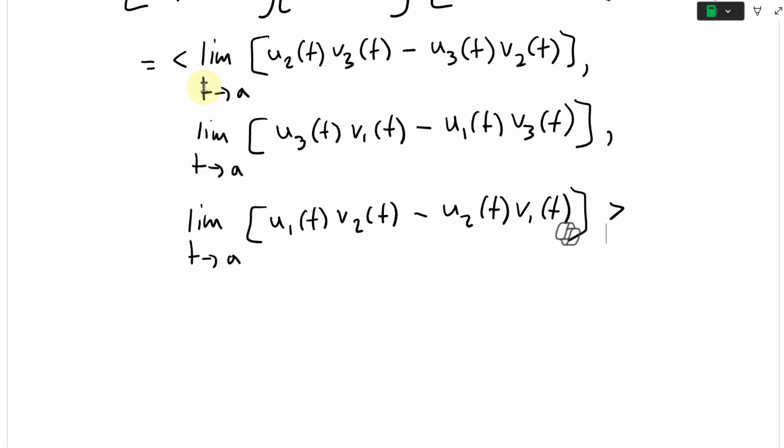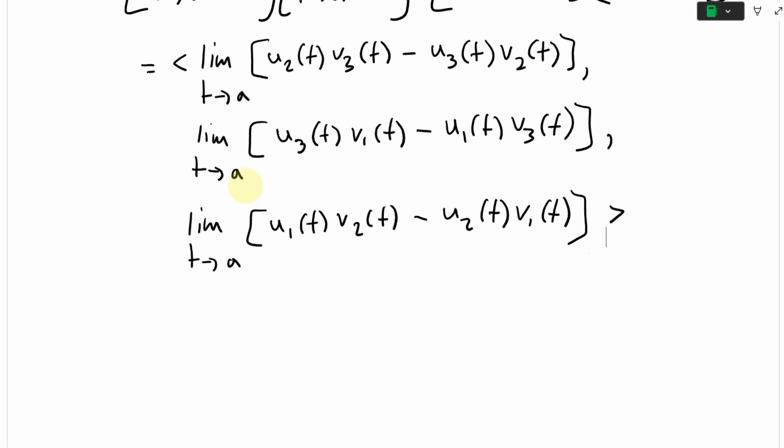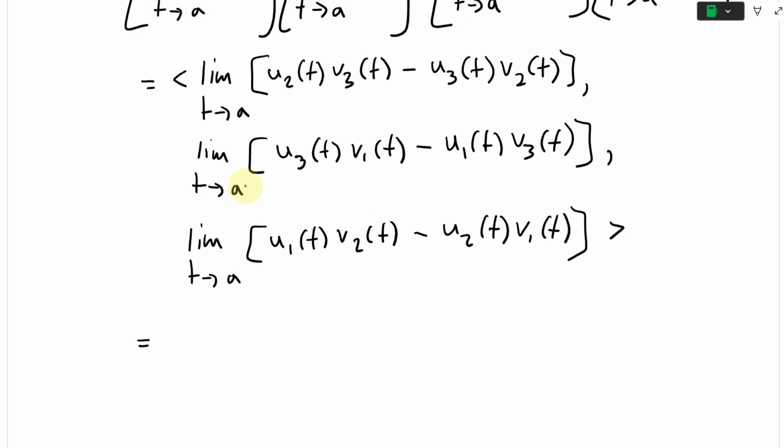And now what we have are the limits of the components, and then we go reverse on the definition. In other words, this is the same thing as writing the limit of the full vector function, not just the components. So this equals the limit as t approaches a of the full setup here.